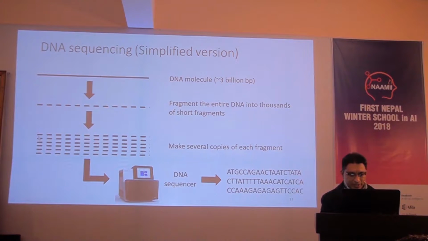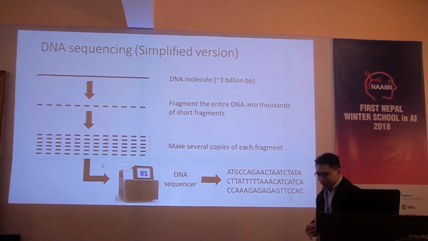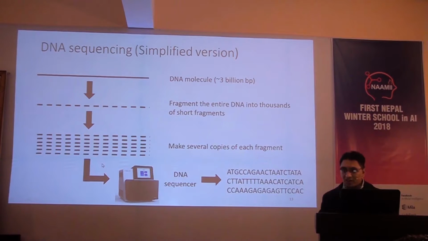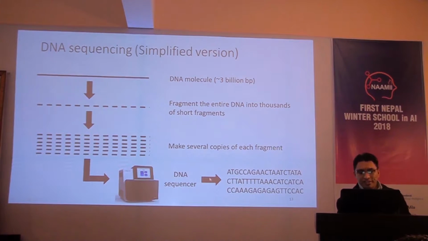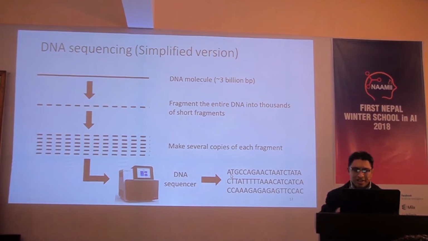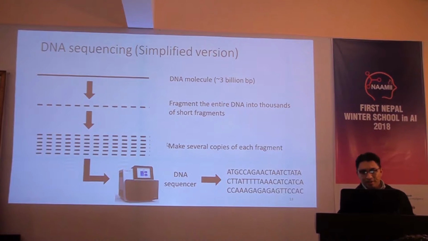Each fragment is processed, and there is very complex chemistry involved that I will not be talking about. Essentially, the output is the combinations of A, T, Cs, and Gs in each of those fragments, right?